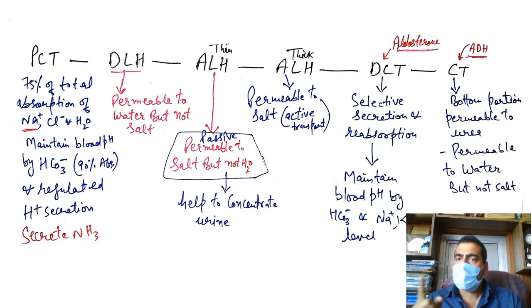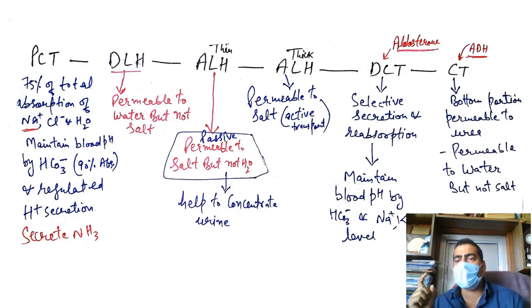And then there is the distal convoluted tubule. There is a hormone known as aldosterone, a salt-retaining hormone. This hormone also acts on the distal convoluted tubule, which helps in the process of selective secretion and reabsorption. It also maintains blood pH by sodium bicarbonate and sodium and potassium levels.